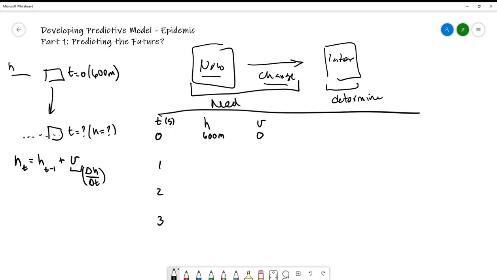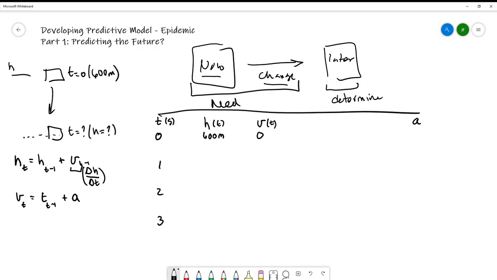And so the other thing that happens, things fall because gravity pushes on them, is that velocities also depend on time. So this is height as a function of time. This is velocity as a function of time. And there's also an acceleration. I'll put that way over here because it's going to be a different kind of beast. So the velocity at time t is equal to the velocity at time t minus 1 plus the acceleration.